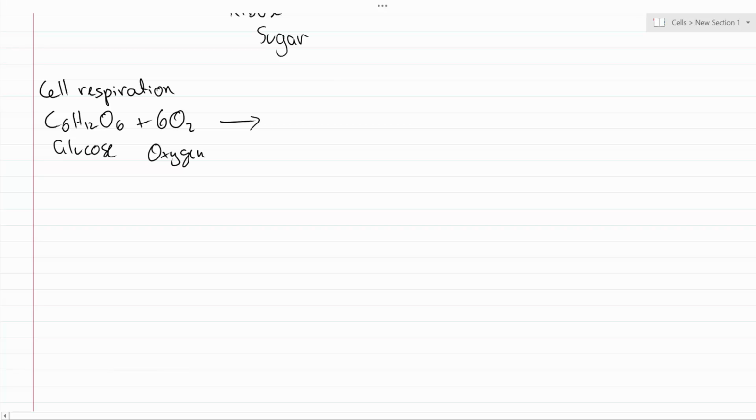So if we remember the cell respiration equation, we have C6H12O6, which is glucose, and 6 oxygens being broken down into 6 carbon dioxides, six water molecules, and some energy.